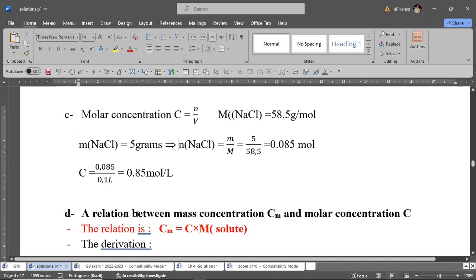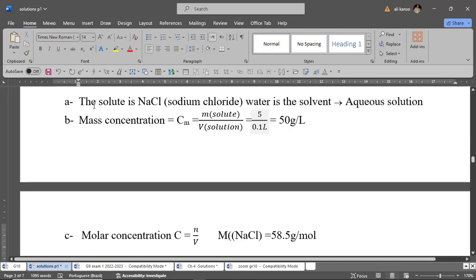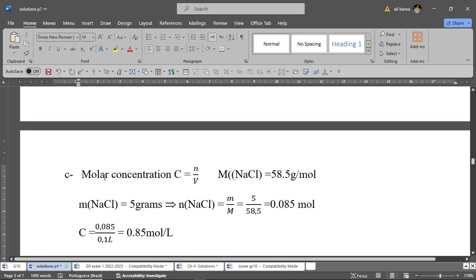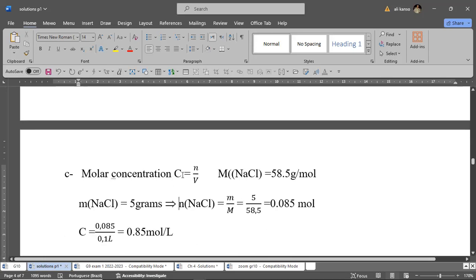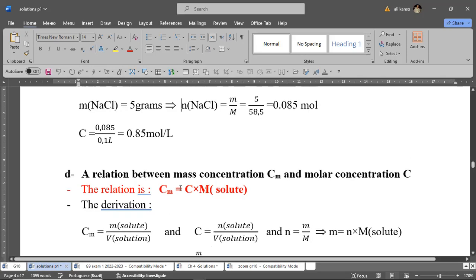But there is a relation. We can solve the molar concentration by another method. How? If we find a relation between mass concentration Cm and the molar concentration C, we say that mass concentration equals C times molar mass.